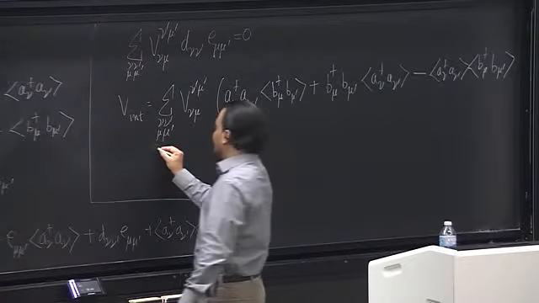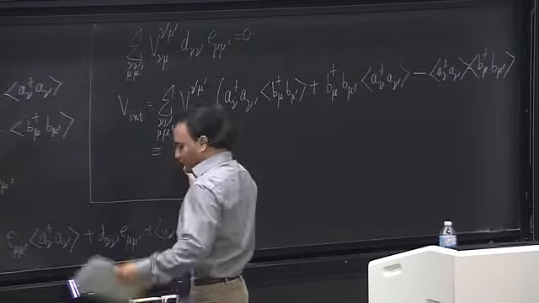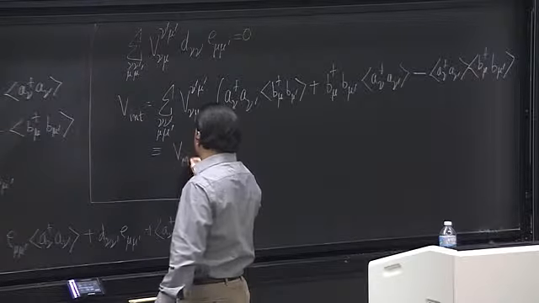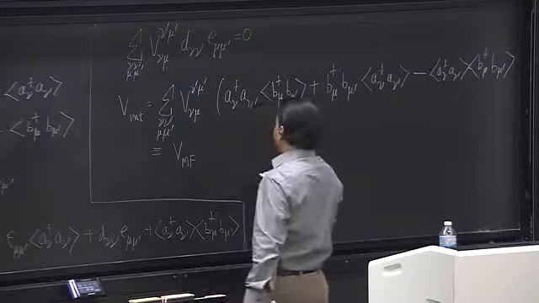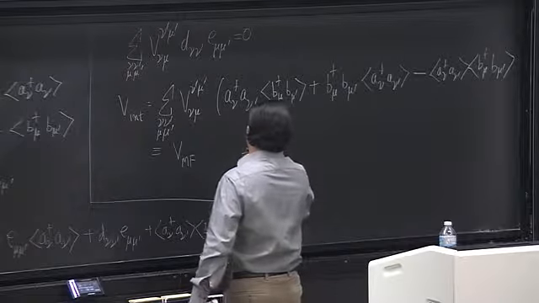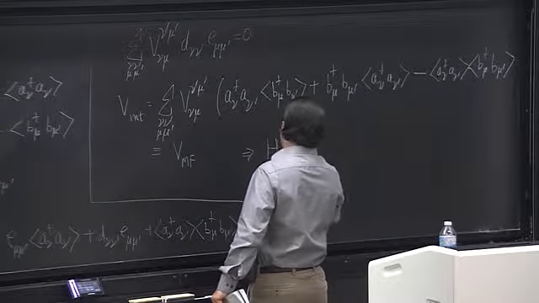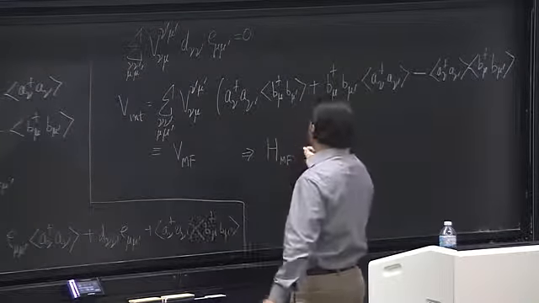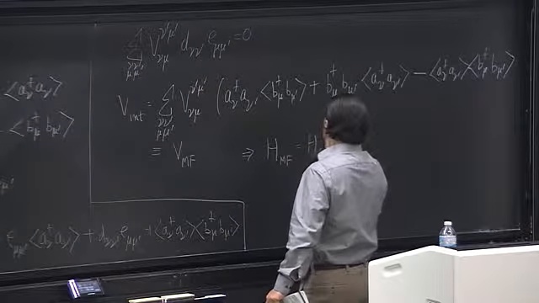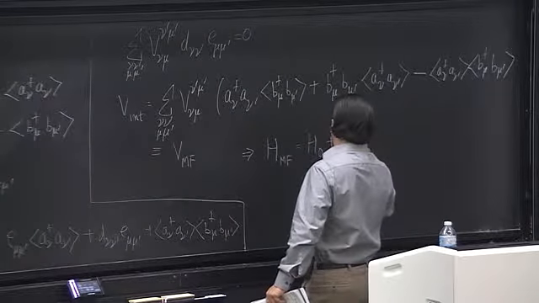So this is really defined as V mean field. And then you can define the mean field Hamiltonian, H mean field, as H naught plus V mean field.